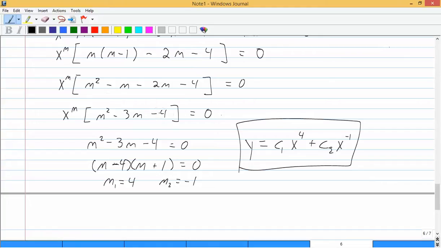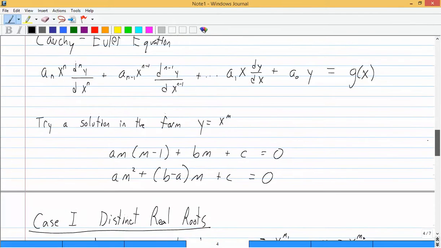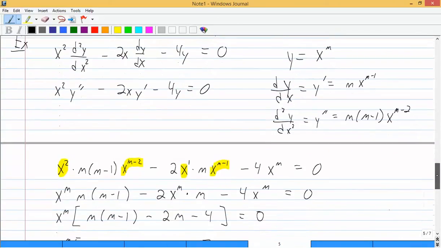It doesn't exactly match up with the original differential equation. If you remember, right here, the middle term ends up being b minus a. So you have a number in front of the m squared, but the number in front of the m is b minus a.